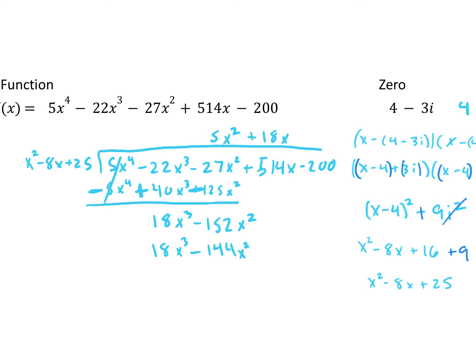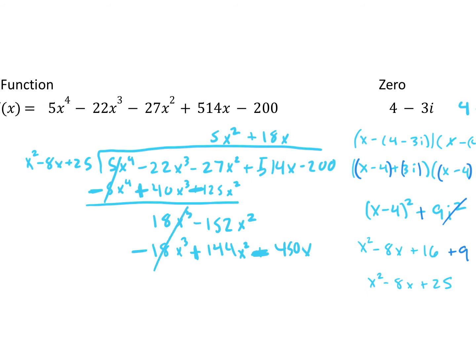And then 18 times 25? 450. Change the signs. That becomes minus, plus, minus. I was thinking about writing down 550, but it's 450. So we change the signs.